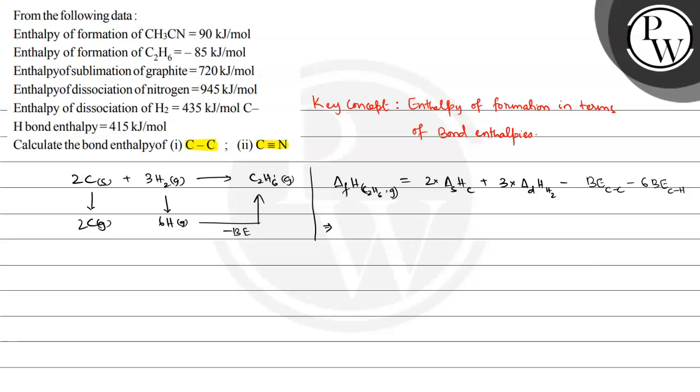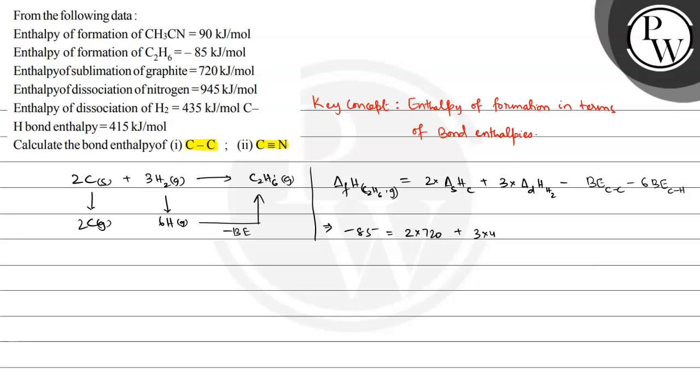और यहाँ पर अगर हम values put करें, then formation enthalpy of C2H6 is minus 85, which is equal to 2 multiplied by carbon की sublimation enthalpy, that is 720, 2 into 720 plus 3 multiplied by dissociation energy of hydrogen, that is 435.